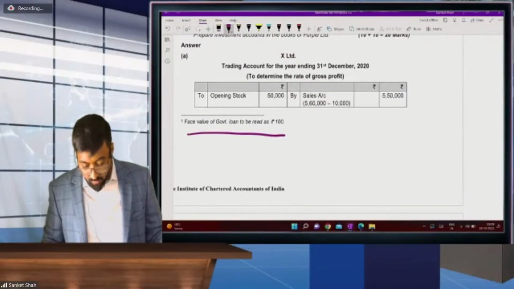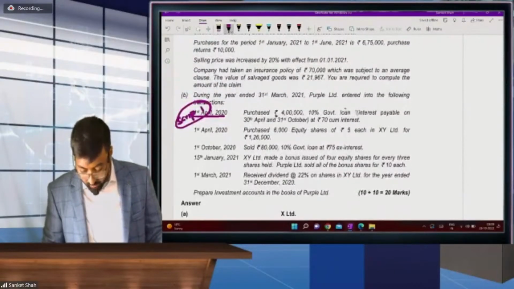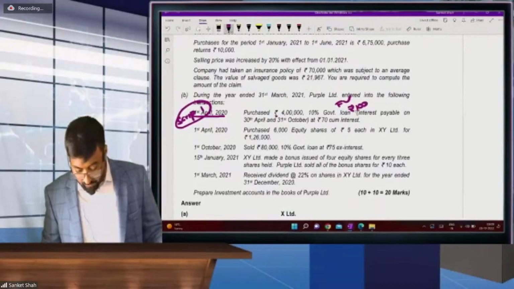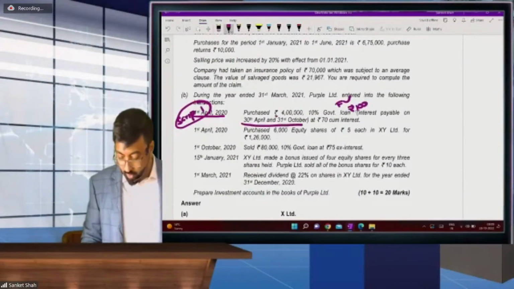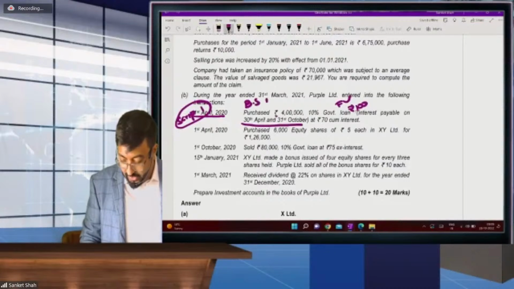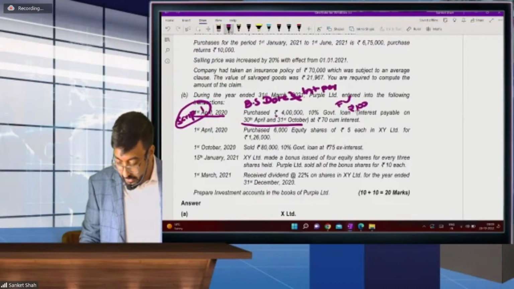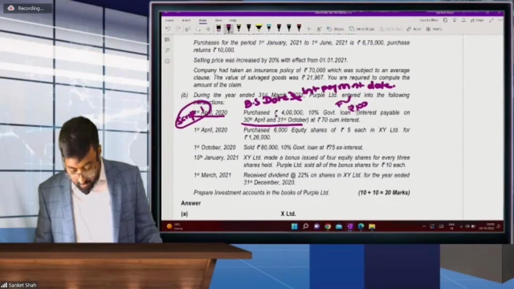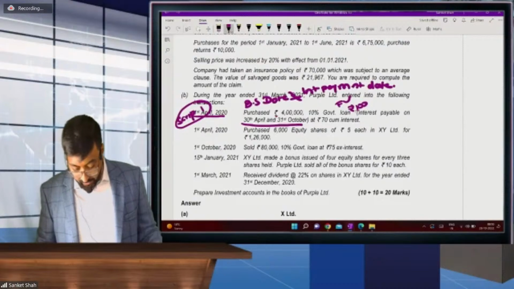Face value of government loan is rupees 100. 4 lakhs, 10% government loan, interest dates 30th April and 31st October. So what is the first line? Balance sheet date is not equal to interest payment date. Purchased at rupees 70 cum interest.